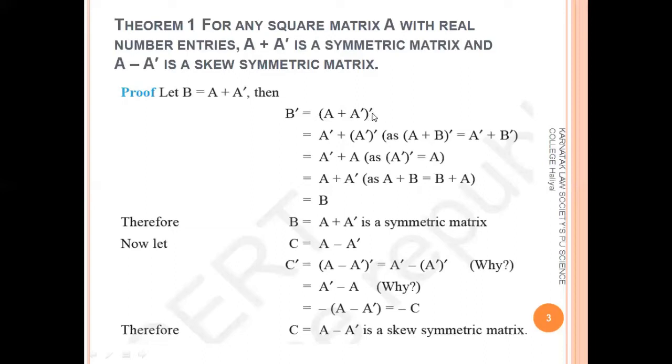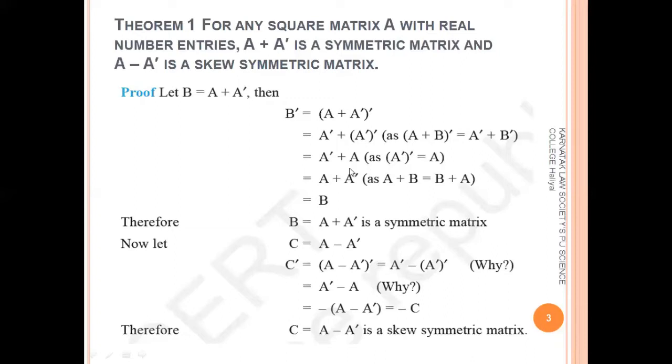By the property of transpose of matrices, we know that A plus B whole dash is equal to A dash plus B dash. Therefore, it becomes A dash plus A dash of whole dash. We also know that if you transpose twice, you get the original matrix. That's why A dash whole dash is equal to A, and the other A dash remains as it is.